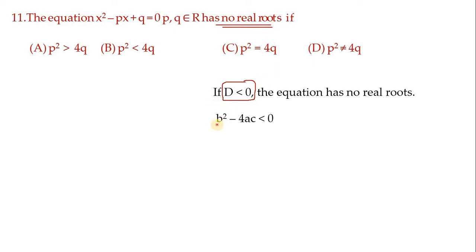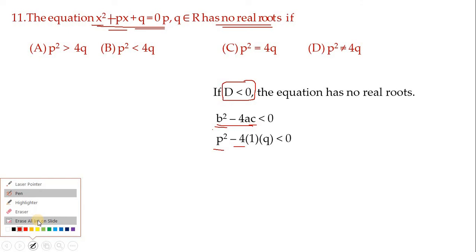Now I have substituted the D value, and look at the equation, it is in standard form. Let me substitute the values. So p square, now the b value is, children, here let it be plus px, so the b value is p, and minus 4 is as it is. The a value here is 1 and the c value is q.